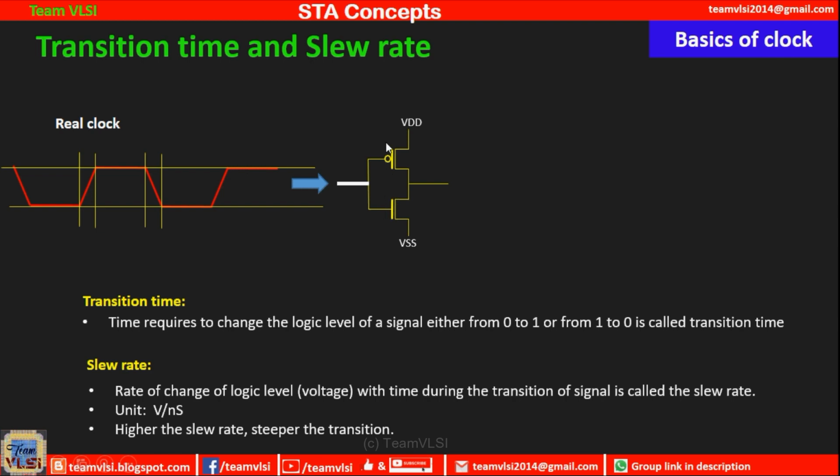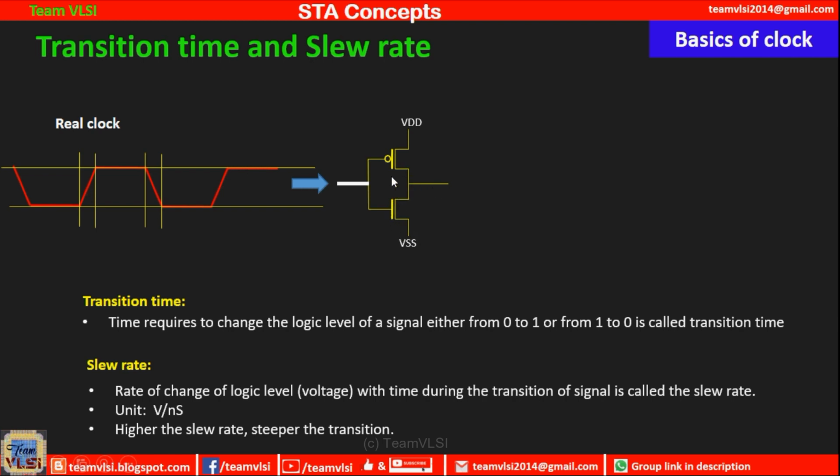We also know that the mobility of electrons is more than 2 times the mobility of holes. So the load connected to the output terminal will be charged through this PMOS path, and discharged through this NMOS path.